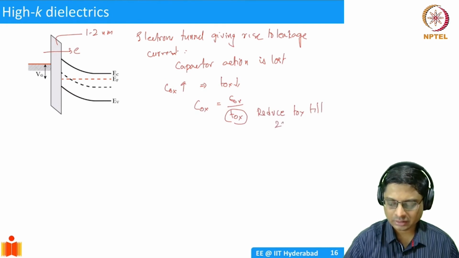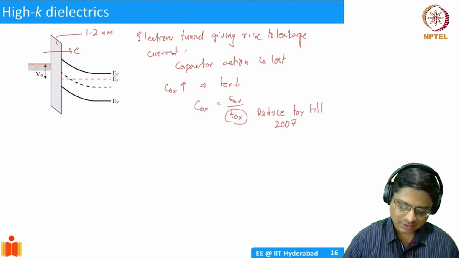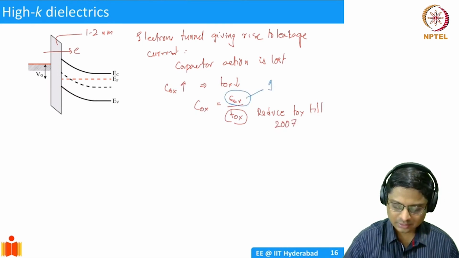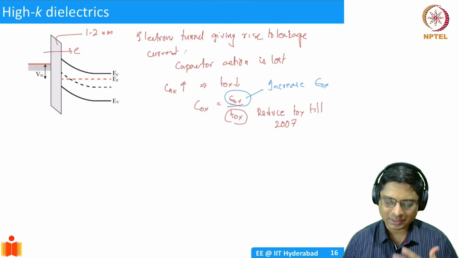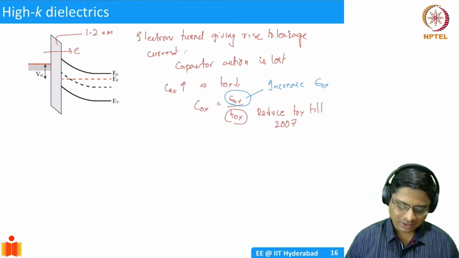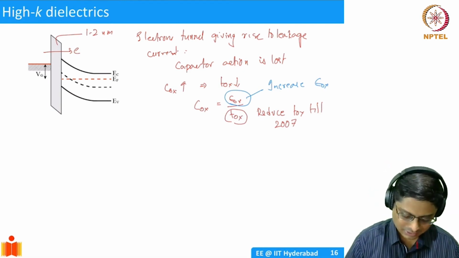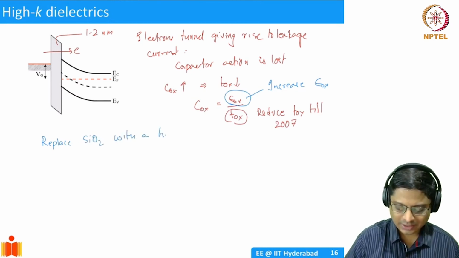But there's another lever that we have, which is to increase epsilon oxide. That also has a similar effect, right? So what does increasing epsilon oxide mean? Well, oxide's material parameters are fixed. We can't do much about it. But it turns out that we can replace silicon dioxide with a high-K dielectric.